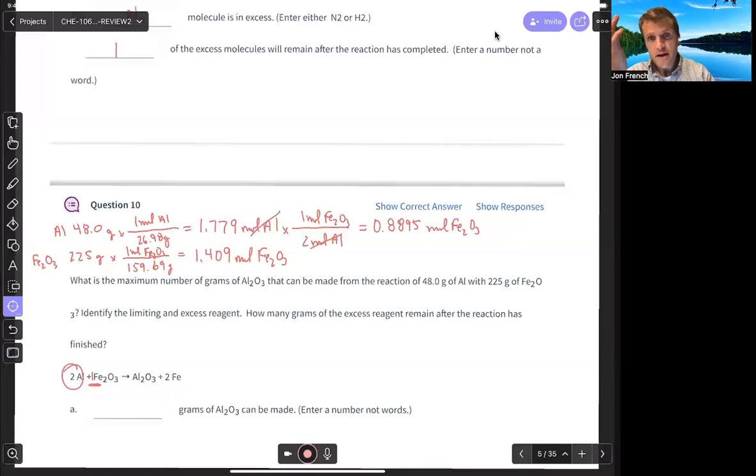So yeah, Josephine asked, how did I know to do that with this and not something else? We could have done it for either one. We could have done it for the aluminum. We could have converted iron 3 oxide to aluminum. We would have still found that I need more aluminum than I have. I still would have found the limiting reagent.